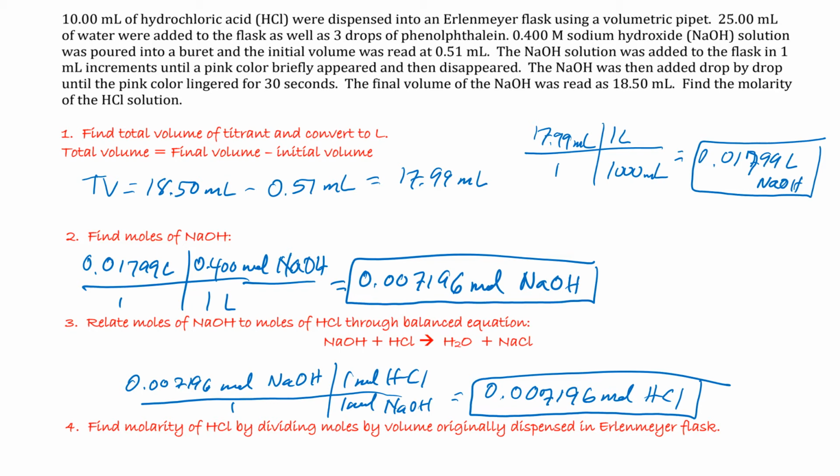Find the molarity of HCl by dividing moles by the volume originally dispensed in the Erlenmeyer flask. So you're going to take your moles of HCl and divide it by the volume of HCl given in the problem, which is 10 mLs. So 10 mLs is 0.0100 liters of HCl. Keep in mind your sig figs when you're doing these problems.